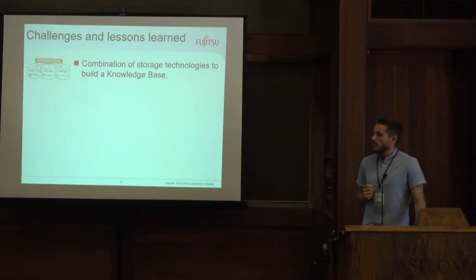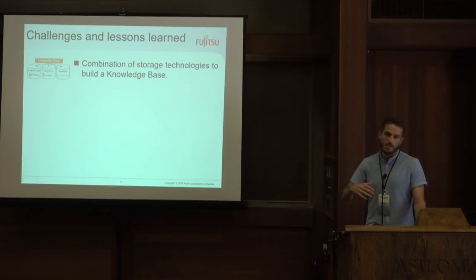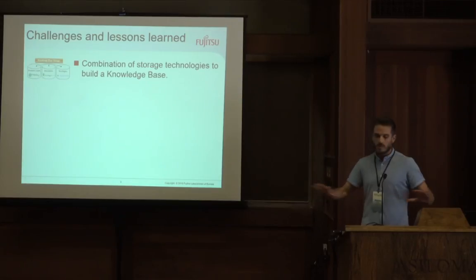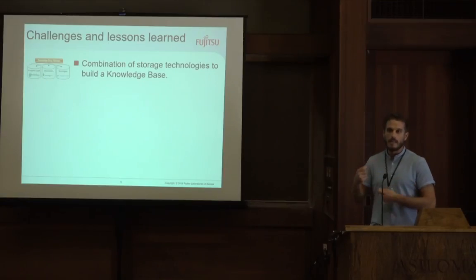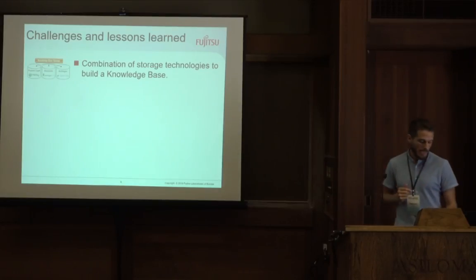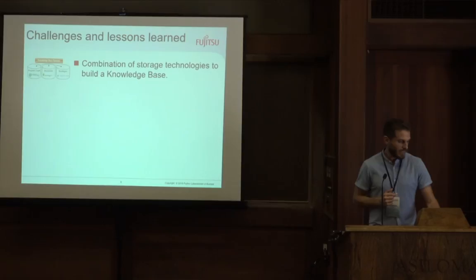The reason is that some of the features that we got from one of the technologies we didn't get from others. So in the end, we decided to use these three different data storage technologies and put an API layer on top that helps us distribute the data as it comes in. And as I said, the main registry would be in MongoDB, which connects all the different storage technologies.